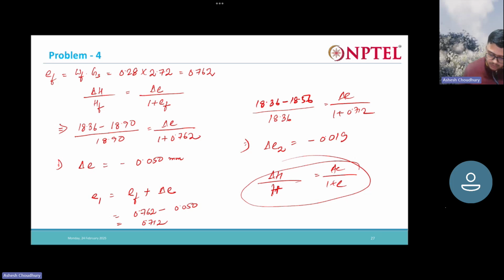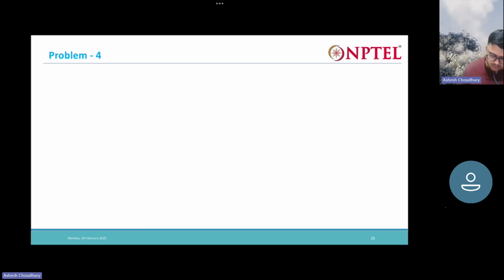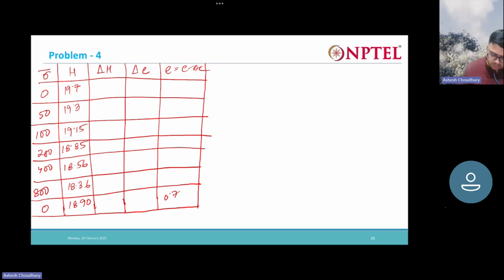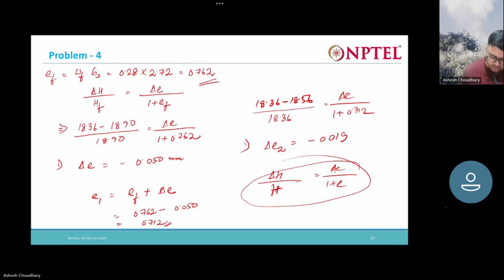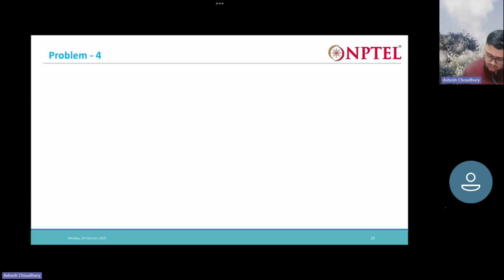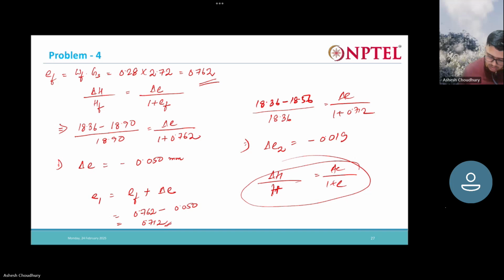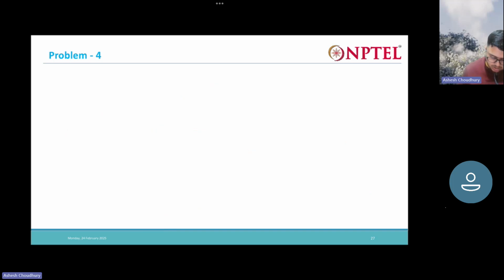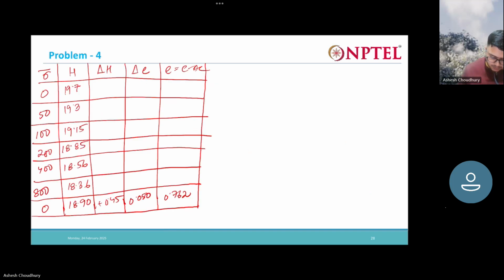The final void ratio calculated was 0.762. Now again you will go backwards.